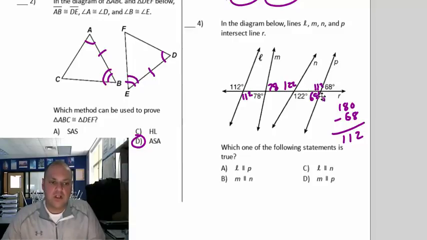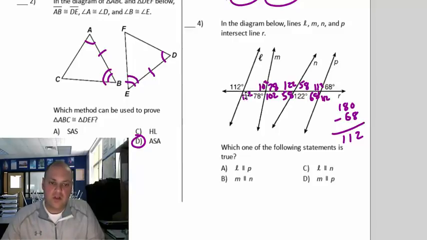All right, so this is 112. Now this one here is going to be 180 minus 122, so that's going to be 58. So this is 58, which means this one's 58. And then this here is going to be 180 minus 78, which is going to be 102. And so this is 102.